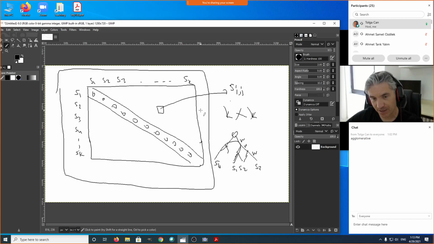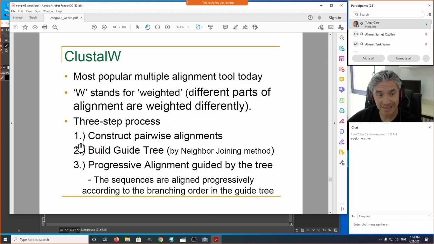If this is a distance matrix that is given to us, we will try to make the tree distances equal to them. So this is what Clustal W does in its second step. It uses the neighbor joining method, which we are going to see, to build a tree.